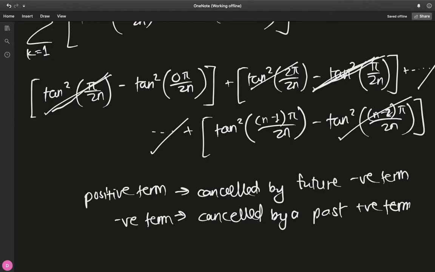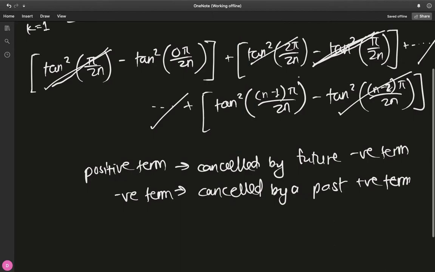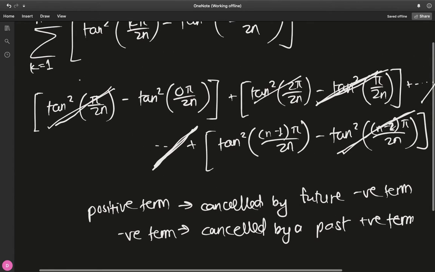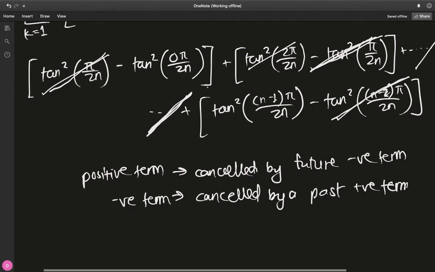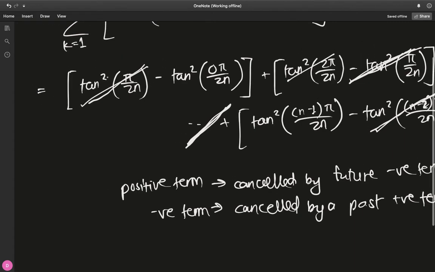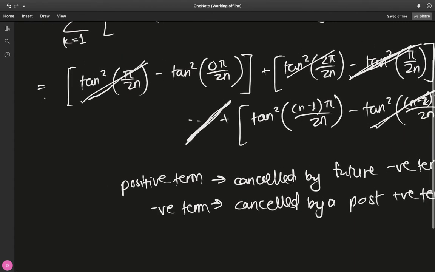And this negative term of tan squared pi over 2n got cancelled with this previous positive term. Same thing applied for this last term, which was negative, got cancelled with a positive term in the penultimate iteration of this sum. And since this negative term can't get cancelled by any term in the past, because we're starting with k equals 1, we can't start with k equals negative 1, this term remains.